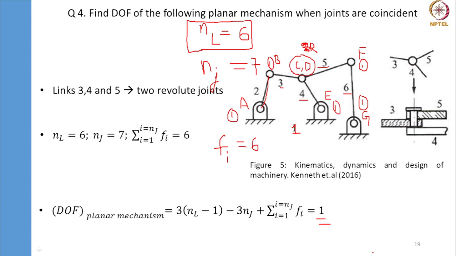Is this okay for everyone? Sir, on substituting, we are getting zero. 3 times (nl minus 1), that is 3 times 5, so that is 15. Minus 3 times the number of joints, 21, plus 6. Degree of freedom is 0.